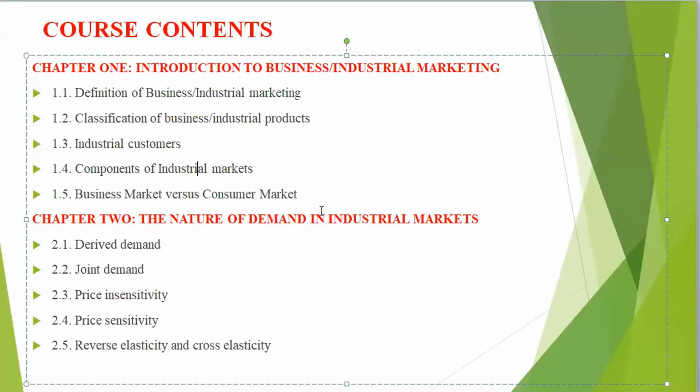The ultimate difference between these two markets would be the nature of the product. In the business market, the product is produced for further process, whereas in the consumer market, the product is produced for final consumption. That's their major difference. In terms of buyers, in the business market, the buyers are few and geographically concentrated in a few areas or in the capital city.